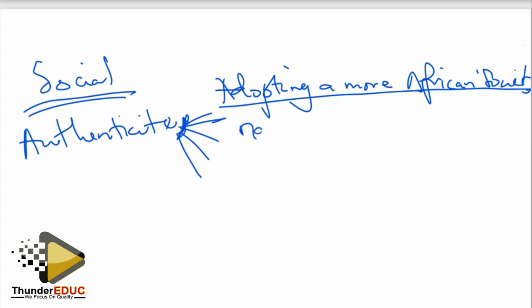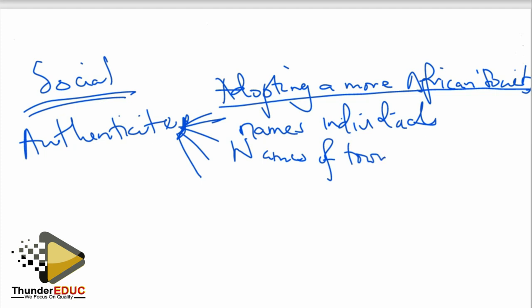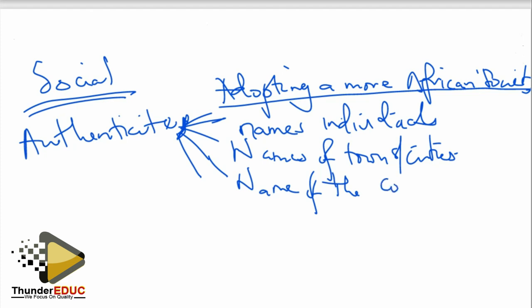Under this policy, we look at names of individuals. Then you also look at names of places, of towns and cities. You also look at the name of the country itself. Then you can also look at dressing.